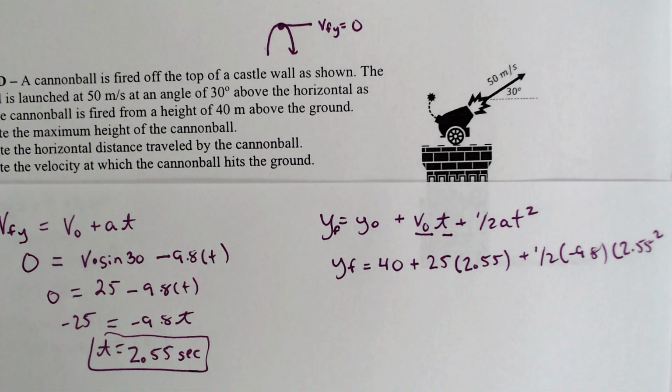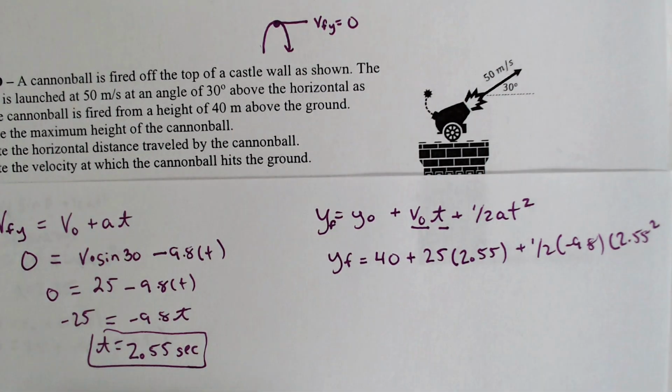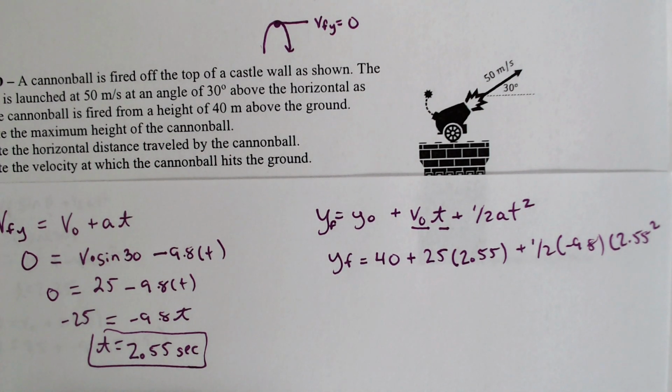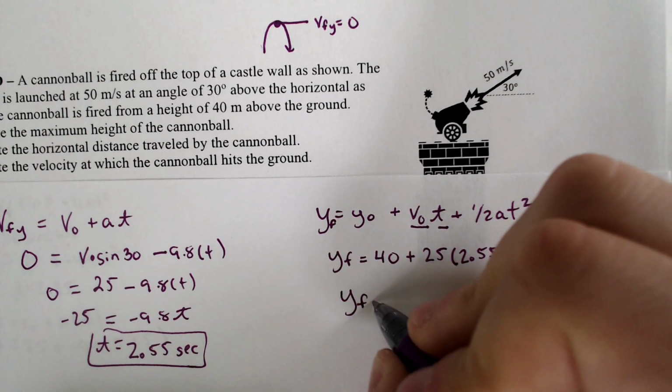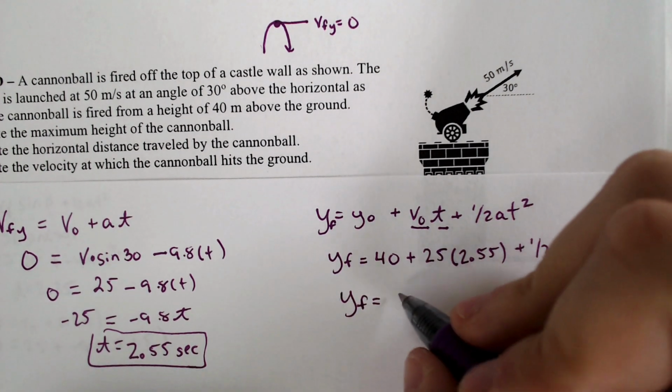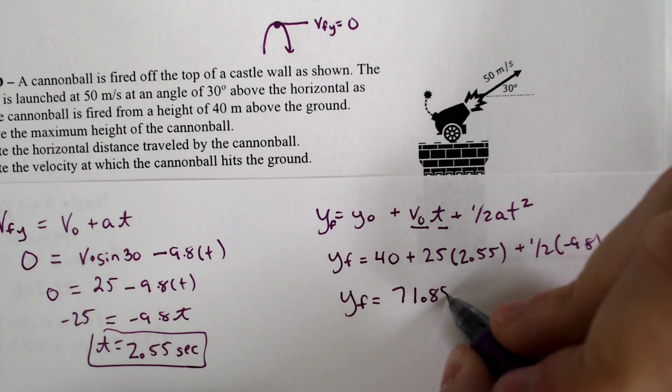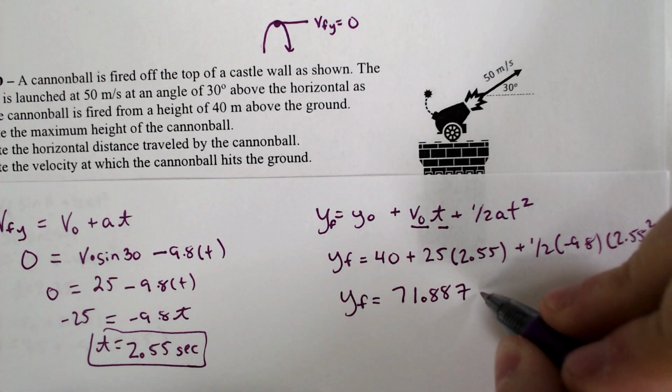And then you just type that in your calculator and you get your answer. 40 plus 25 times 2.55 plus negative 4.9 times 2.55 squared ends up being a final height of 71.887 meters.